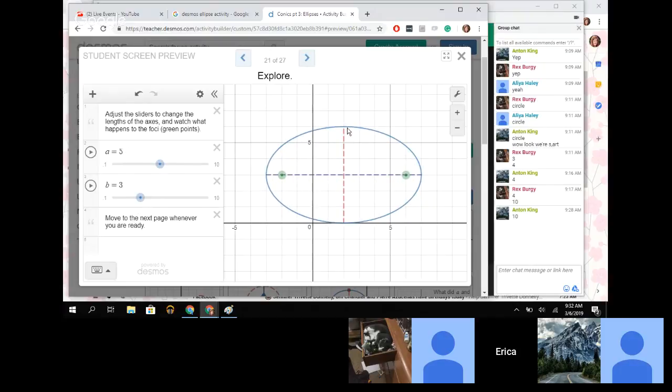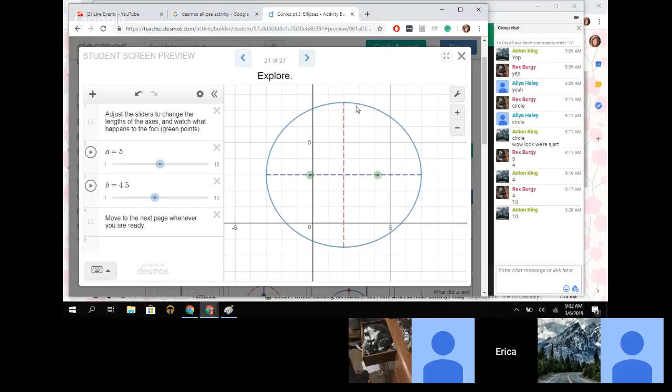What if I change the co-vertex of my minor axis? What happens to my focus points? So the bigger the co-vertex gets, the closer in the points come. Right? Because you have to have that distance equal to each other.